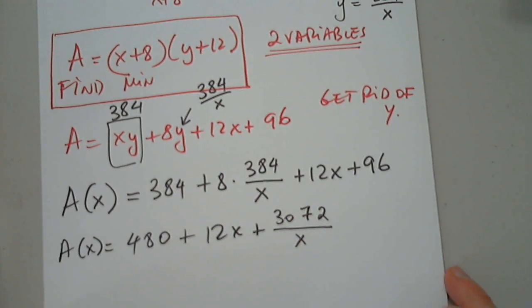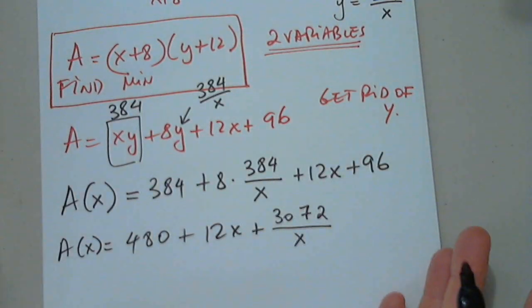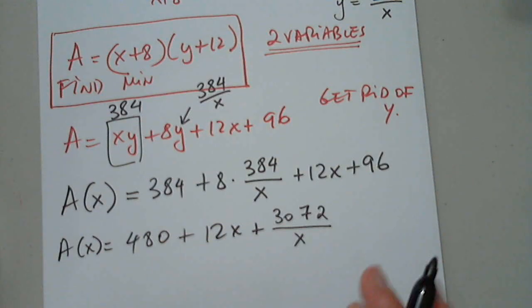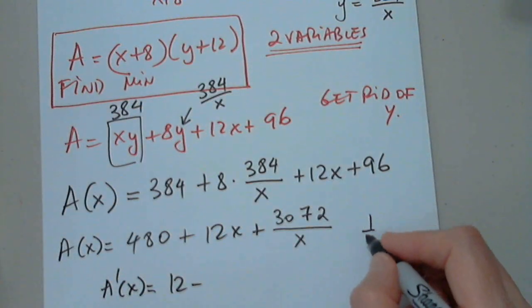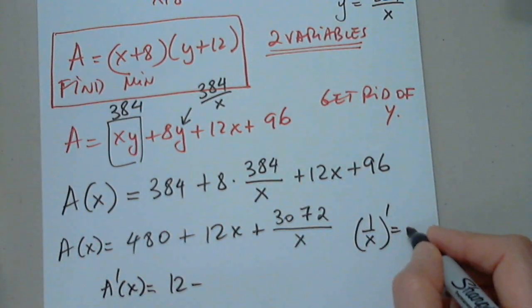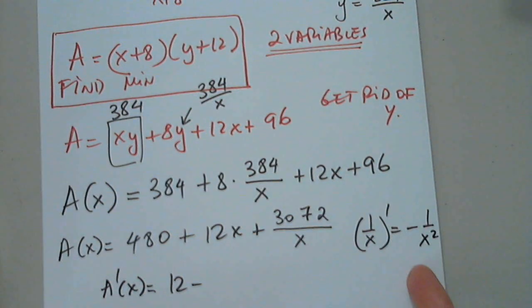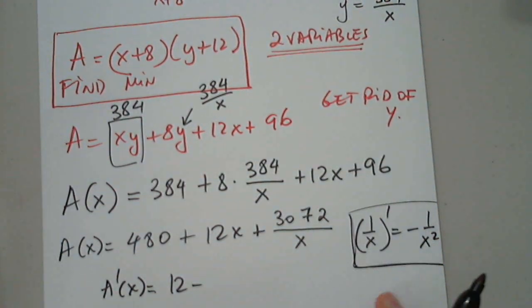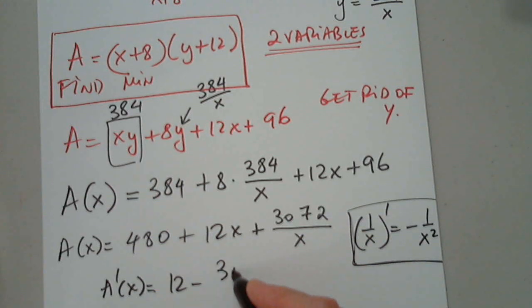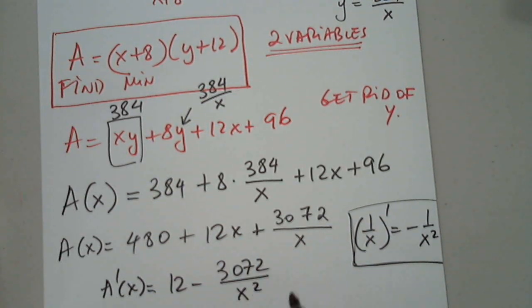Okay, so now we know from this moment on everything is easy. A prime: this is 0, this is 12, this is minus. Be careful. Please remember, when we differentiate 1 over x, we get negative 1 over x squared. Very important property here. So minus 3072 over x squared.